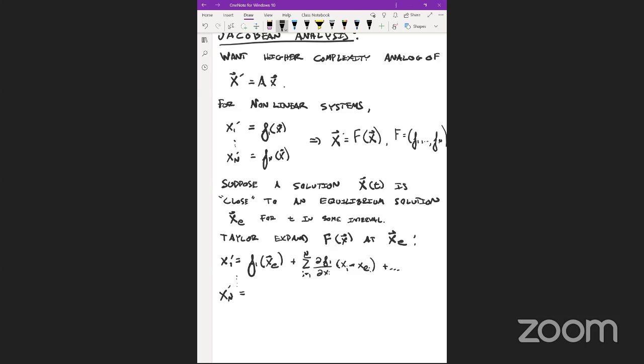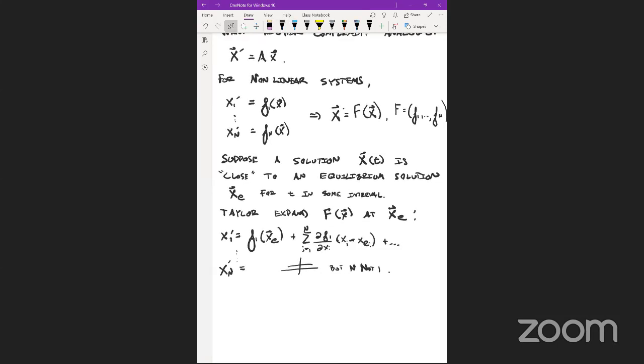Xn is going to be equal to, same thing, but n. So we can compactly summarize this in the multivariable Taylor expansion.